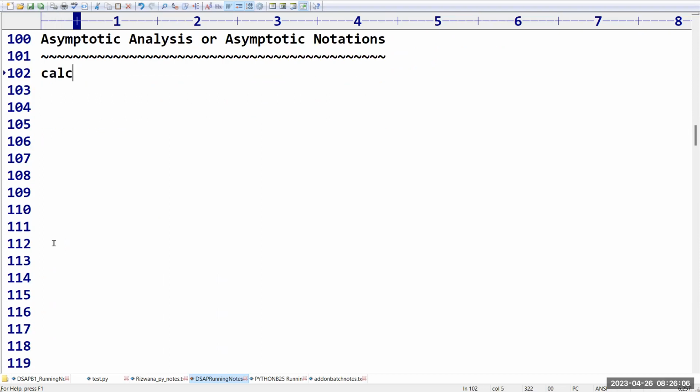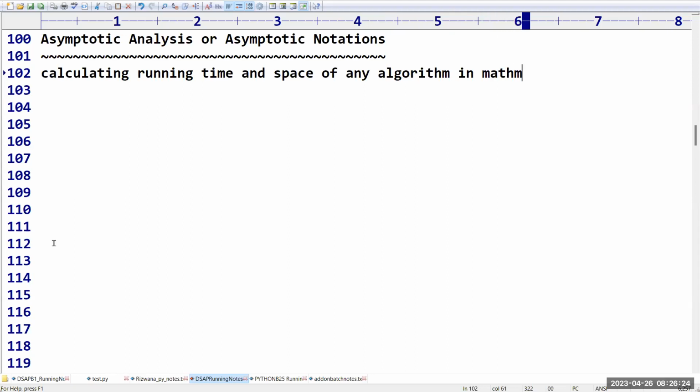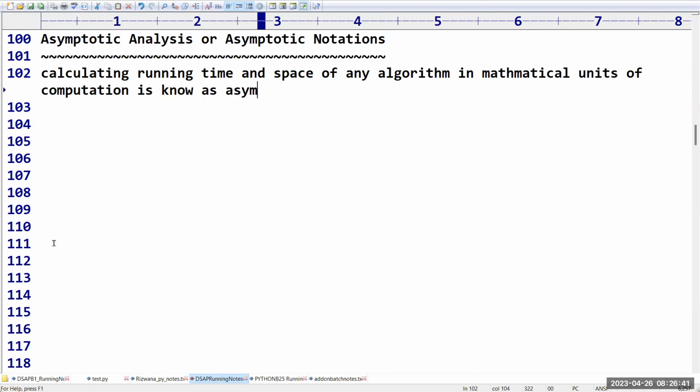Calculating the running time and space of any algorithm in mathematical units of computation is known as asymptotic notations, or asymptotic analysis.